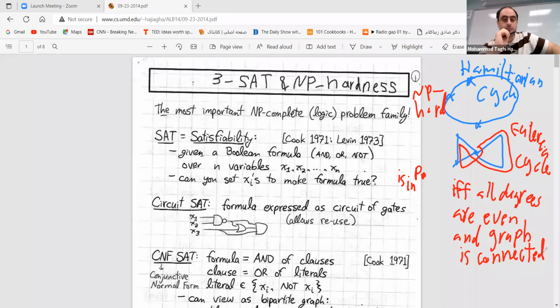Good. So we have it. We know that it is polynomial.